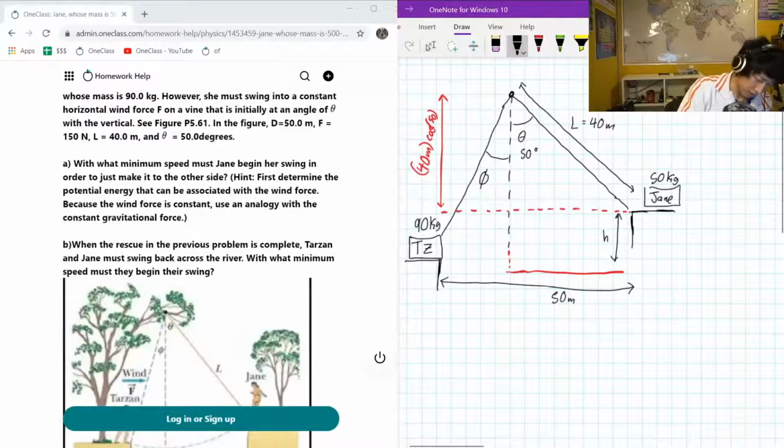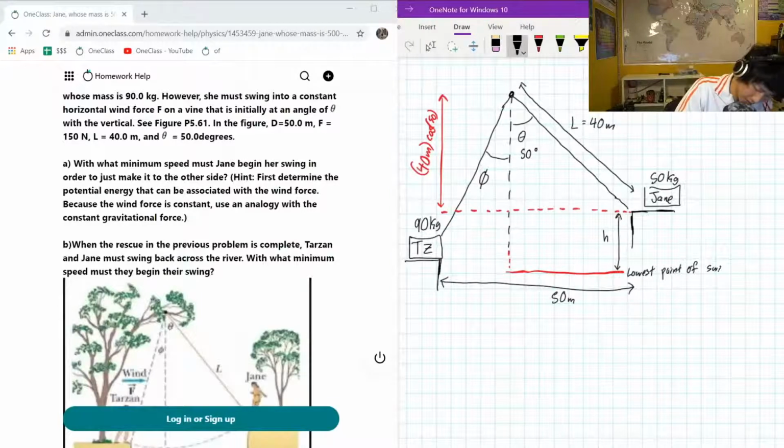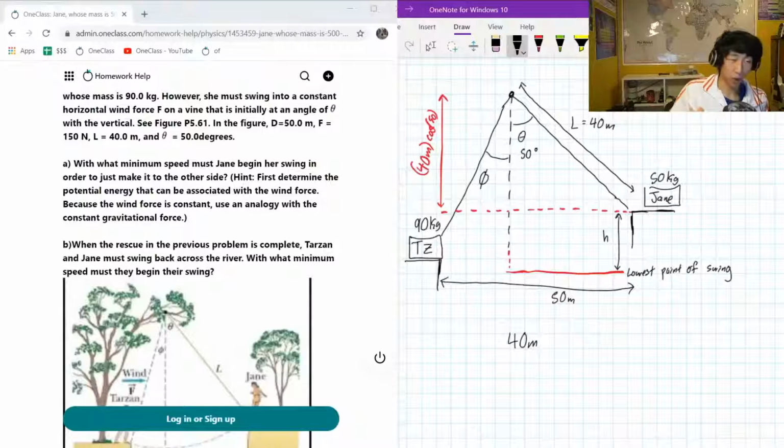So just to be 1000% clear, I'm going to redraw this like this. Lowest point of swing. Okay, cool. So we know that 40 meters is the length of the rope itself, and at its lowest point, it's going to be this height, which is 40 cos 50.